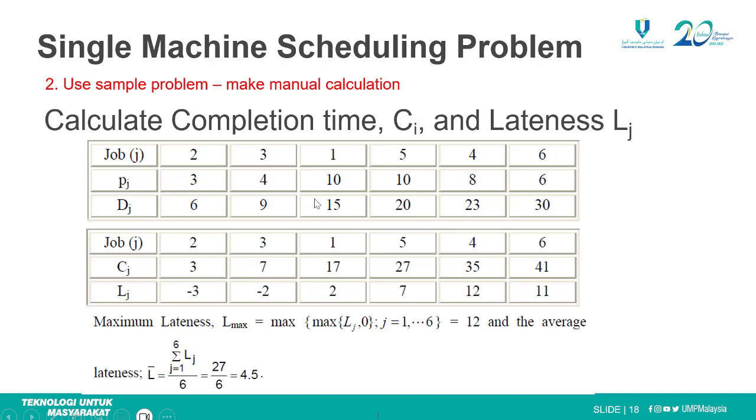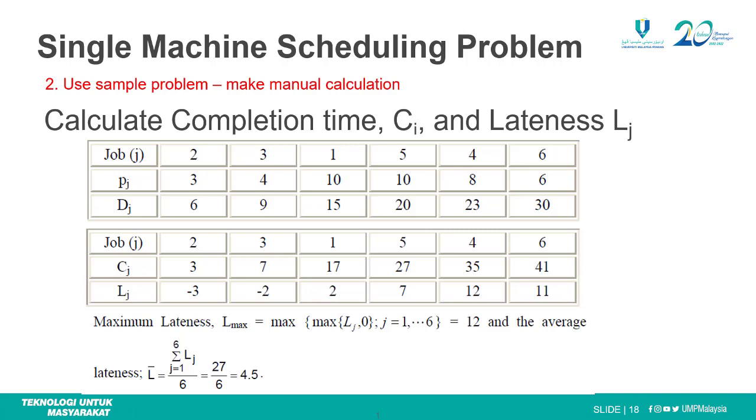Then job 1 requires 10 hours, so 7 plus 10 is equal to 17. So job number 1 will be completed at the 17th hour. Remember, CJ is the completion time, a cumulative time duration.